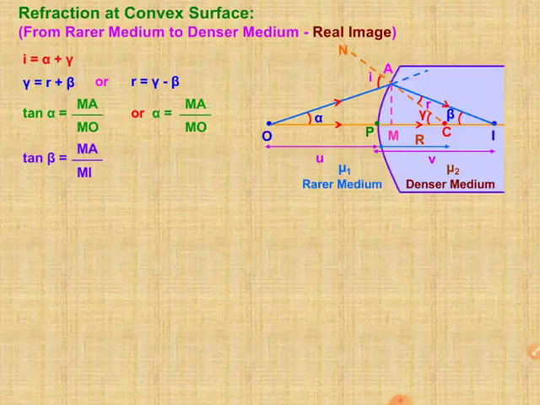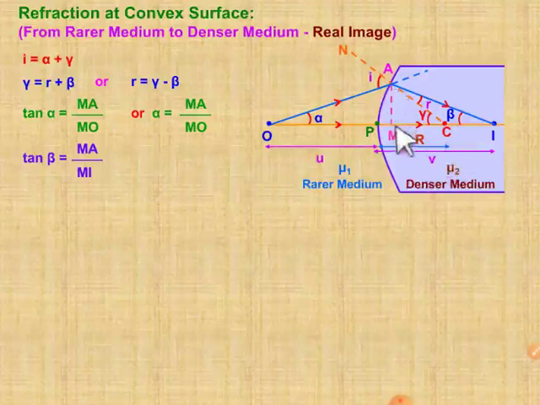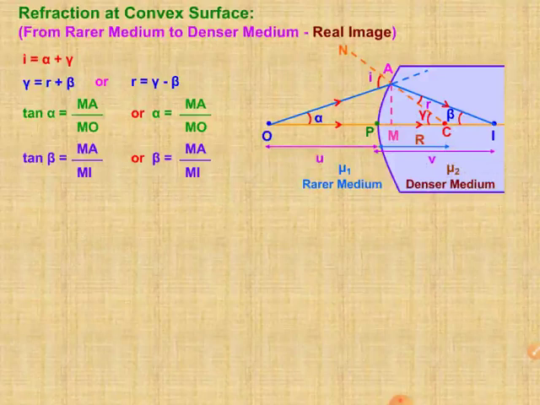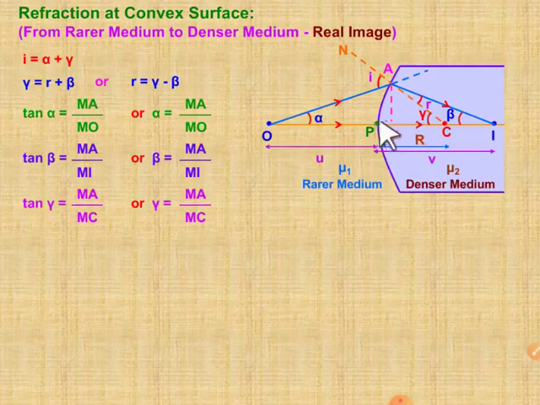For the triangle containing beta, it will be the right triangle AMI, containing the image. So tangent of beta will be AM by MI, so beta will be equal to MA by MI. Likewise tangent of gamma will be equal to AM by MC. Instead of MO in the denominator we will replace it by P in the subsequent steps.